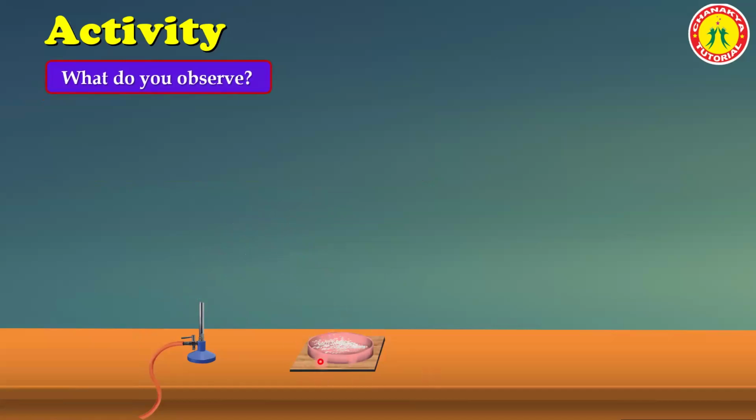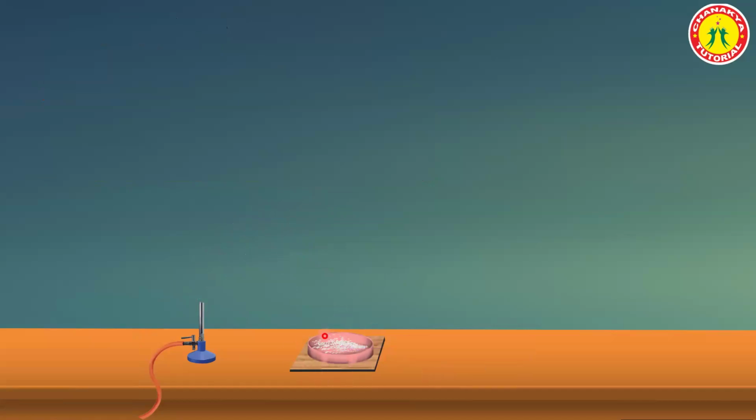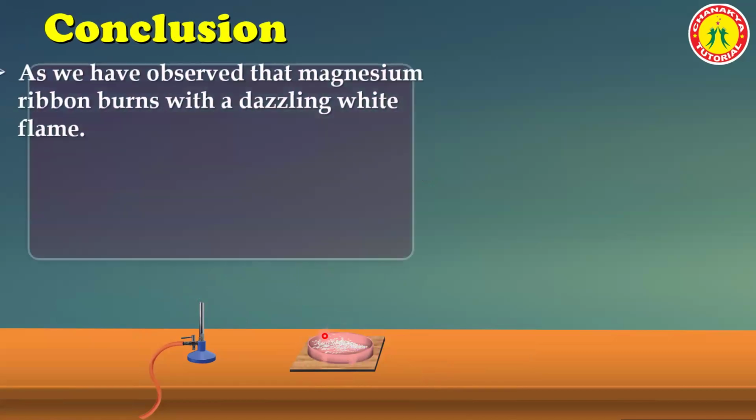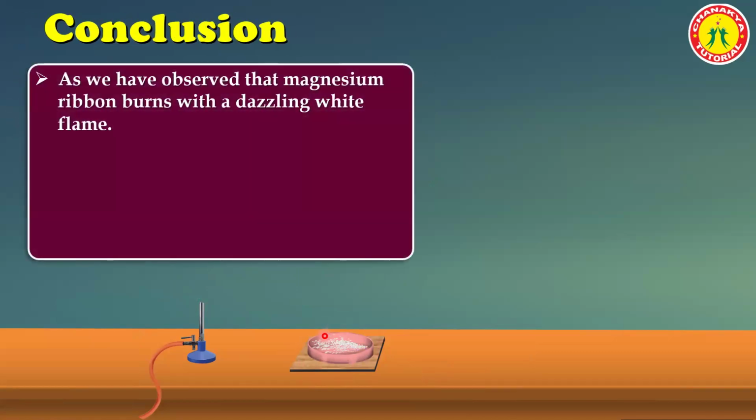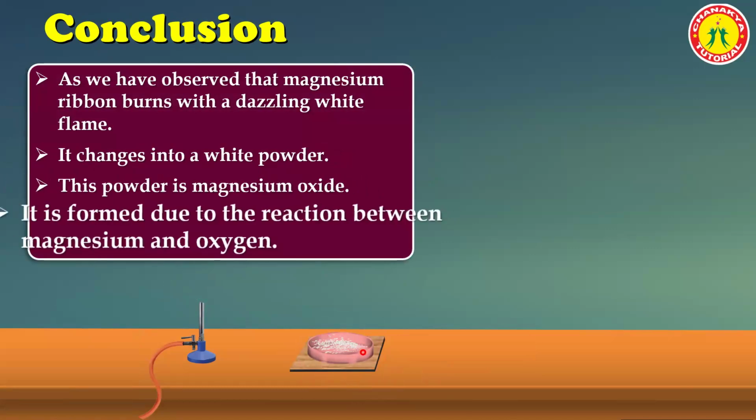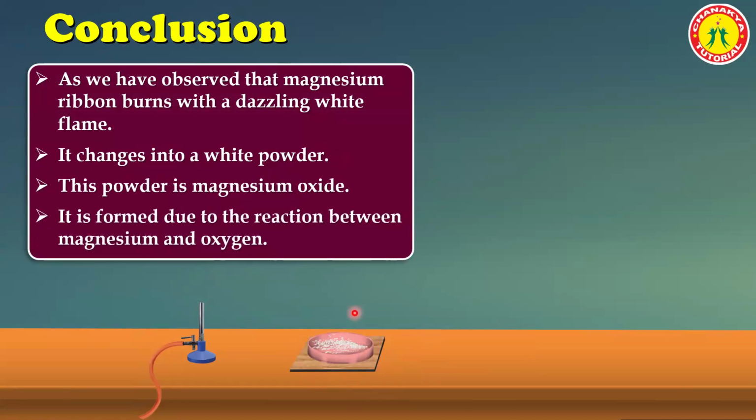We collect the ash, which is magnesium oxide. So we see that a reaction has taken place when the magnesium ribbon burns with a dazzling white flame and changes into this white powder, magnesium oxide.